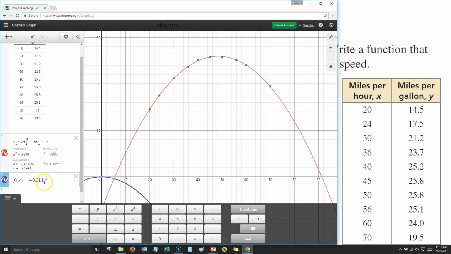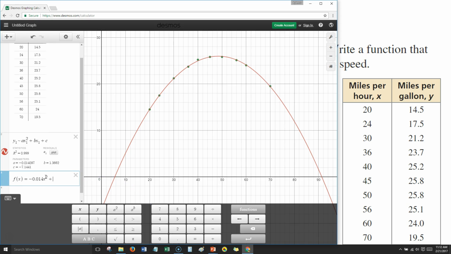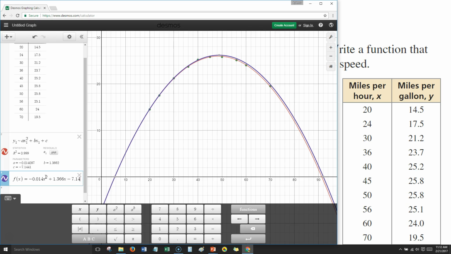I don't have to do x1 now because x1 was referring to this data up here. Right now I'm just getting a general function. So I'm just going to use x. And then my b is positive, so plus 1.366x plus, nope, that's a negative c value, so minus 7.144.